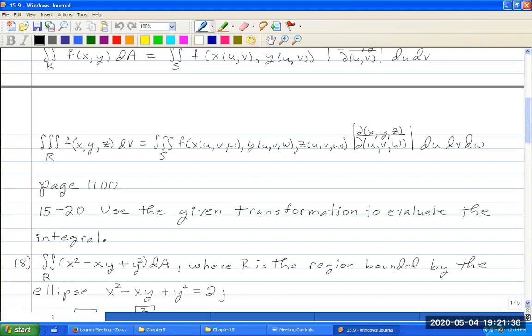So when we were doing polar coordinates, if you actually take the absolute value of the Jacobian, you get the value r. So that's why we multiply by r. If you take cylindrical coordinates and you look at the absolute value of the Jacobian, you get an r. If you look at spherical coordinates and you take the absolute value of the Jacobian, then you get a rho squared sine phi.